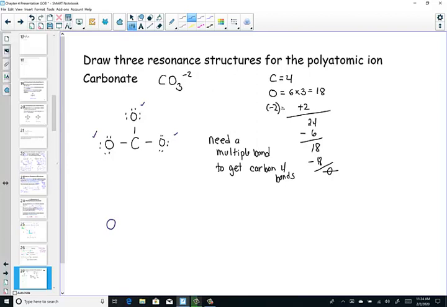Choice number 1, let's put a double bond between the carbon and the oxygen lying to the left. I know that it's upsetting the oxygen's 2 bonds, 2 sets of dots, but that's why it's carrying a charge.